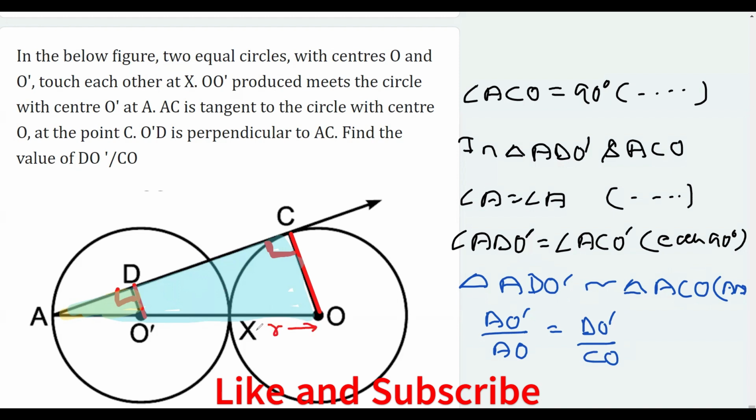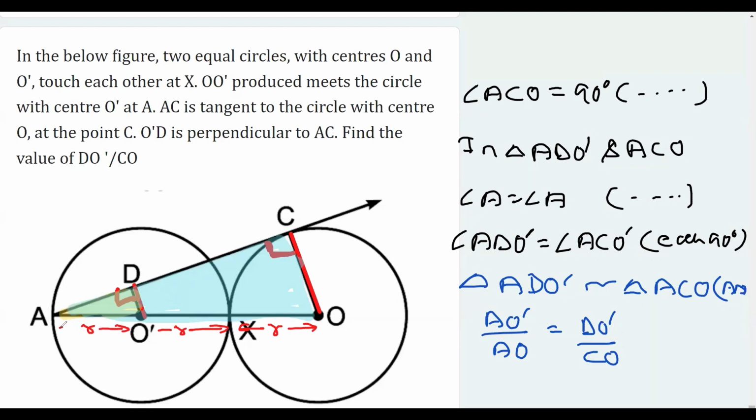So this is R here, this is also R, and this would also be R. Now, AO dash will be equal to R, so I can replace AO dash with R.